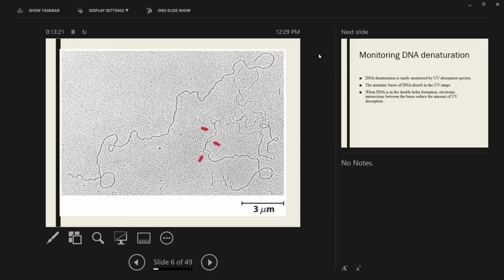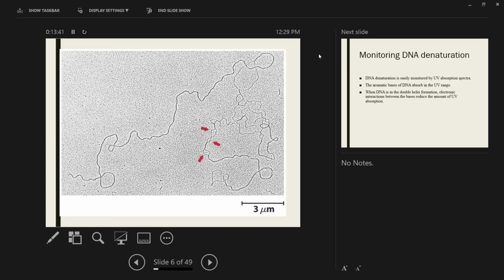And if you renature the DNA, you get sections that don't have homology, you have other sections that do, and so you get these bubbles. Some of the early renaturation studies were done this way, by electron microscopy.